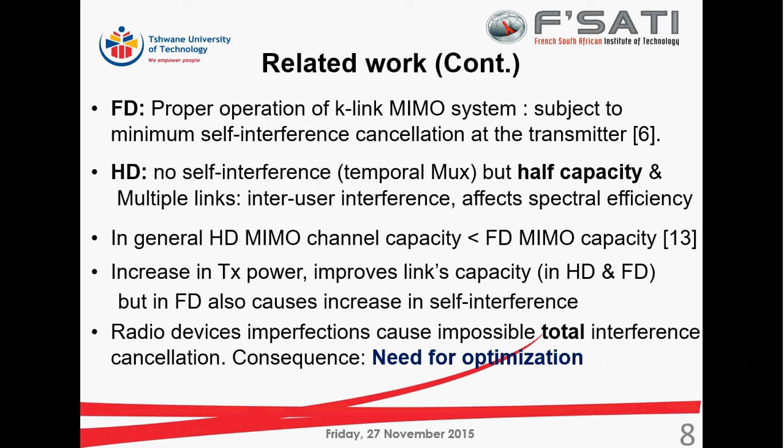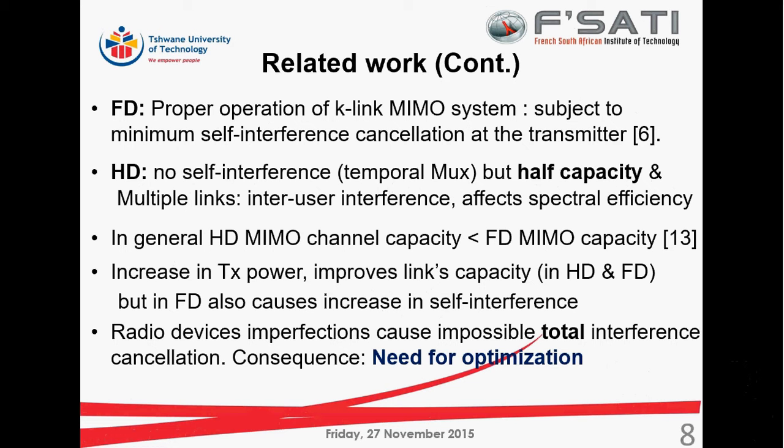In general, it has been proven through literature that half duplex MIMO channel capacity is often less than full duplex MIMO capacity. This is according to Shin and Moon, as provided in reference 13. It has also been proven that increasing transmission power improves link capacity in both half duplex and full duplex.